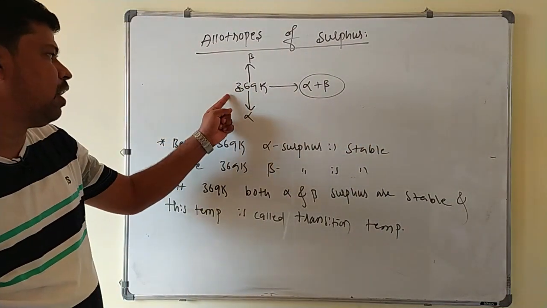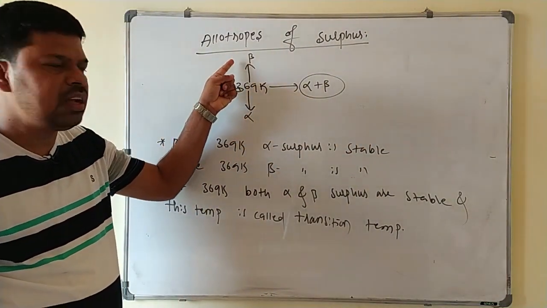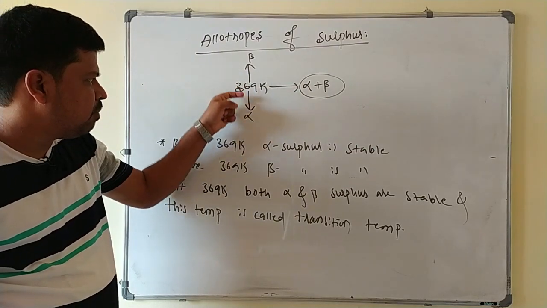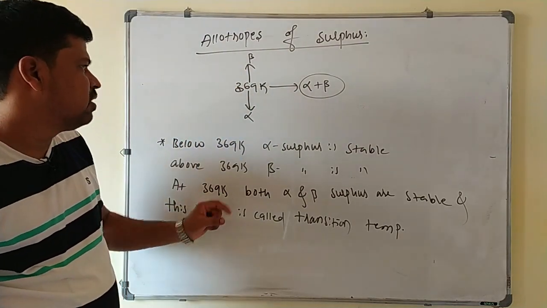Because at this temperature what happens, alpha will be converted into beta or beta will be converted into alpha below this 369 Kelvin here.